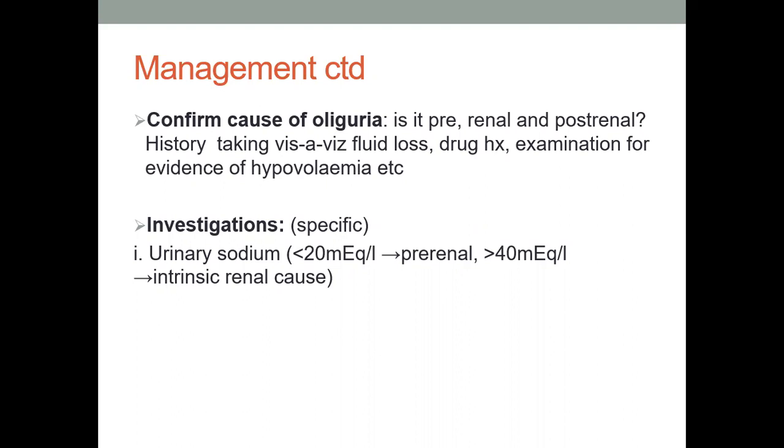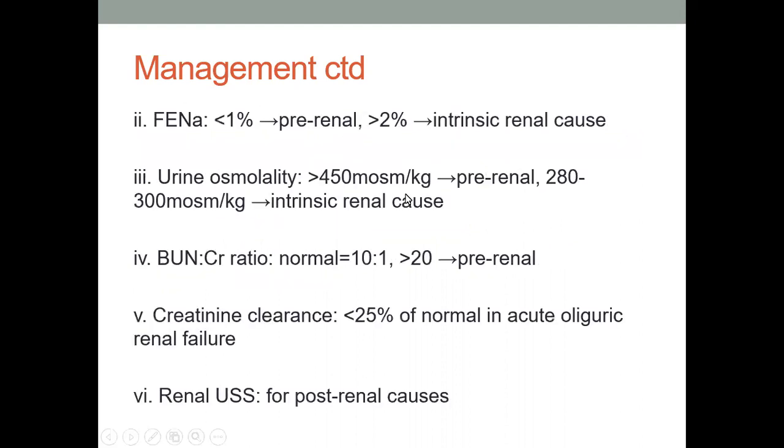So urinary sodium can be very, very important. Fractional excretion of sodium is less than 1% in pre-renal and more than 2% in intrinsic renal.